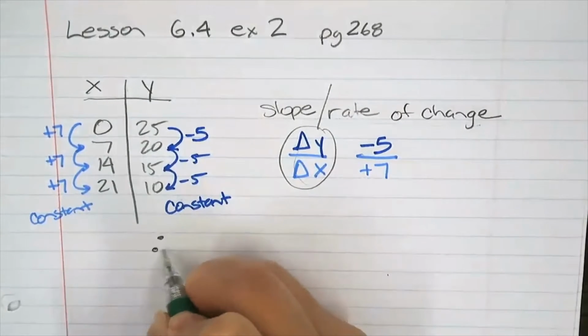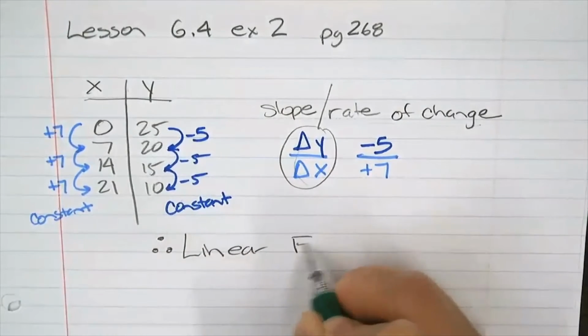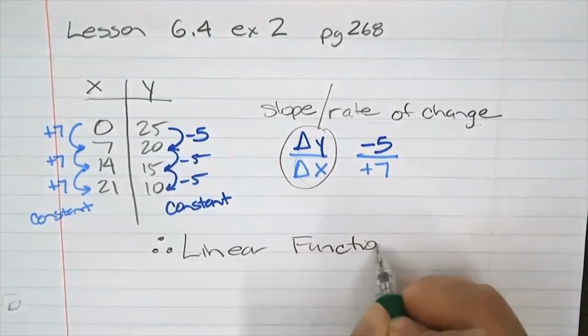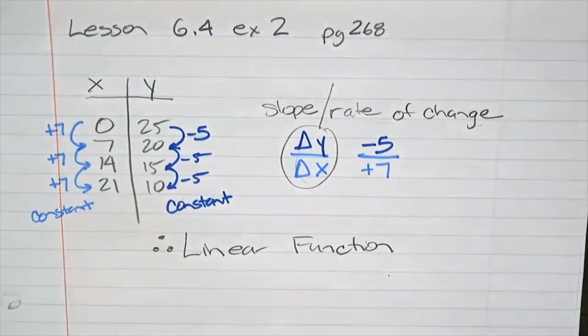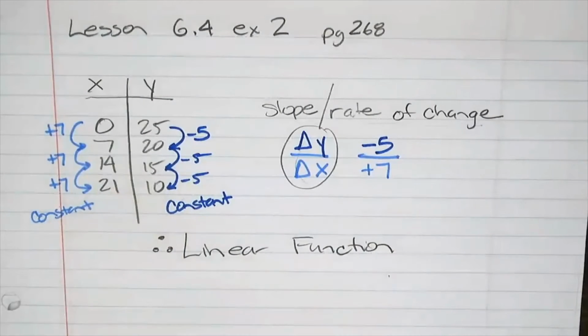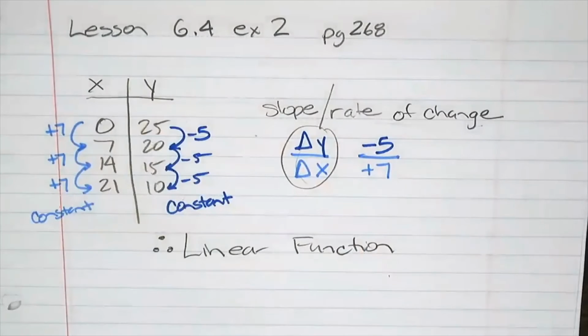That means this is a linear function. So if you graph these points, it'll make a straight line. That's what linear means. So this is what we did yesterday.